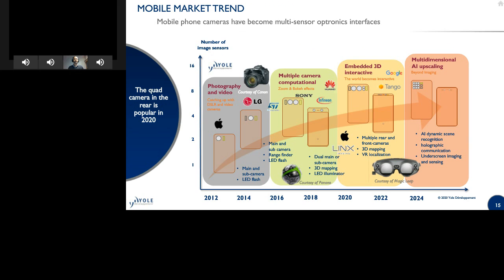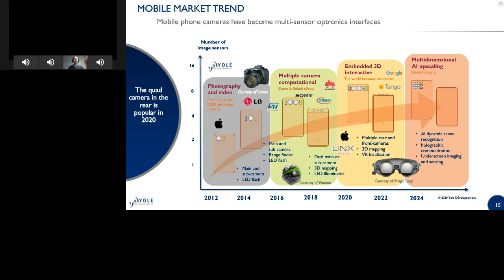So if we have to summarize the different trends, first talking about the past, 10 years ago, the goal was really to improve photography and video. Then more recently, by having high quality cameras on each side and high resolution. More recently, to improve on specification and image quality and also provide this human-machine interface, then we had multiple camera trend.